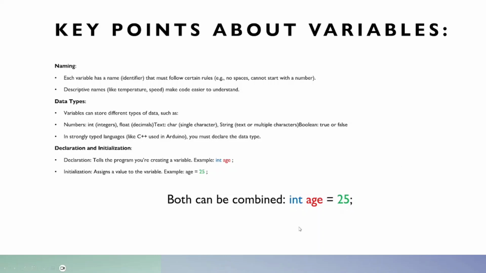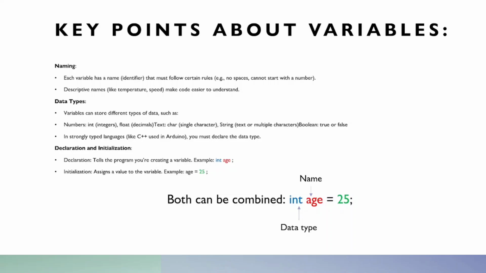So here you can see a variable is created. Three things are important. First is the data type, which is int, because this variable is storing a number, which is 25. Then the name of the variable. The name is descriptive because it is storing someone's age.